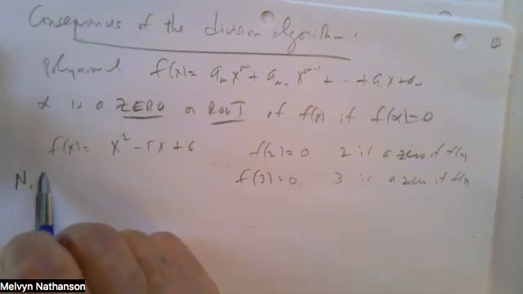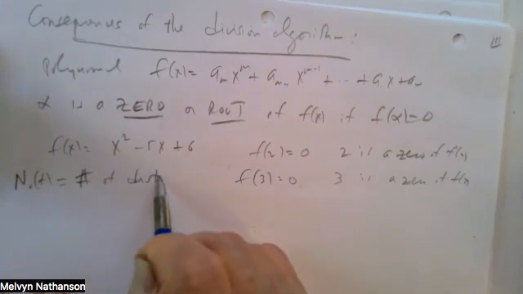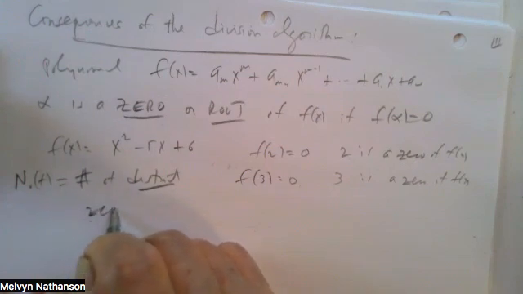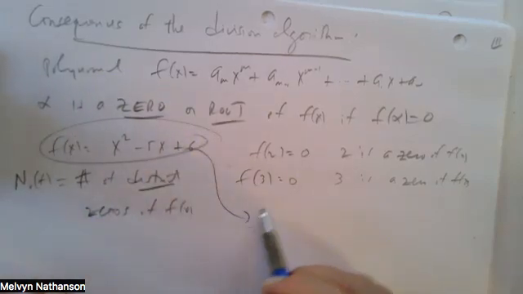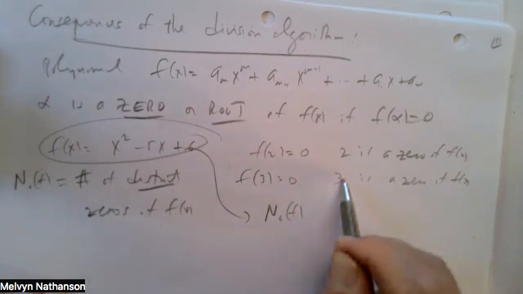If we let n0 of f be the number of distinct zeros of the polynomial f of x, for this polynomial there are at least 2 zeros.